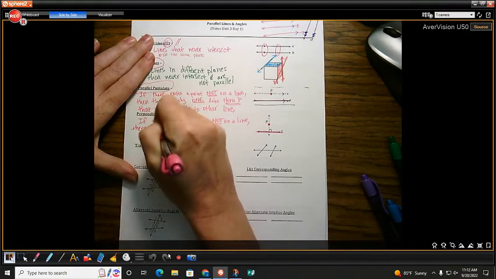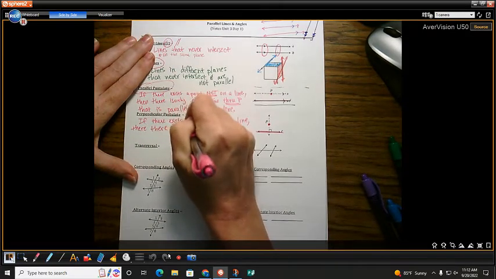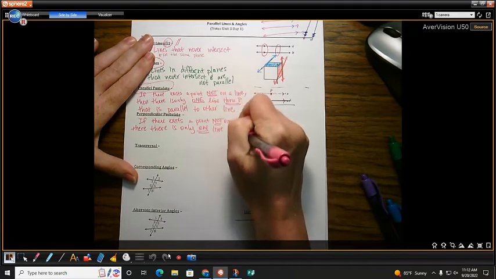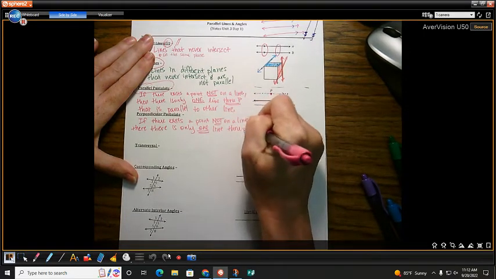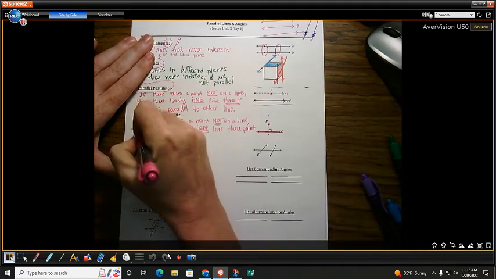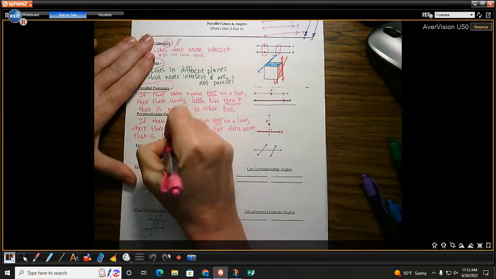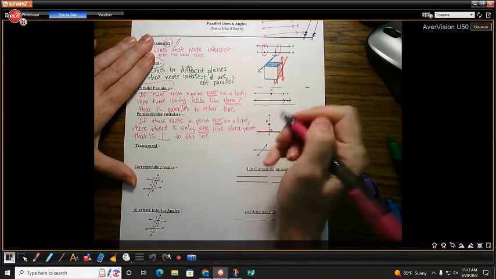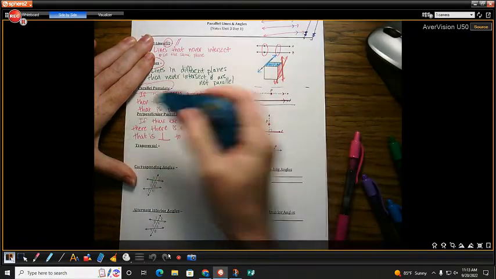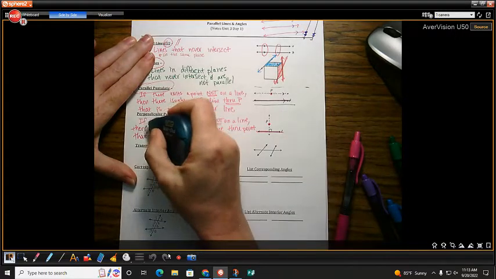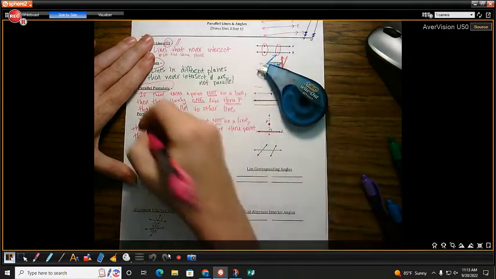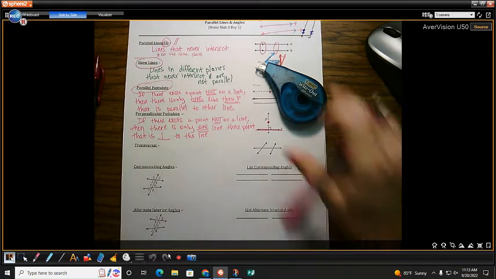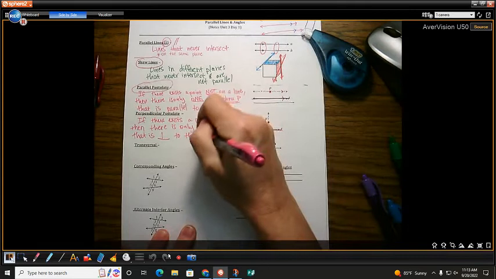Then there's only one line through the point, wait, why is there twice, that is perpendicular to the line. Oh, yeah, you're right, you caught it. Get candy. That's supposed to be then. Then there is only one line through the point that is perpendicular to the line.